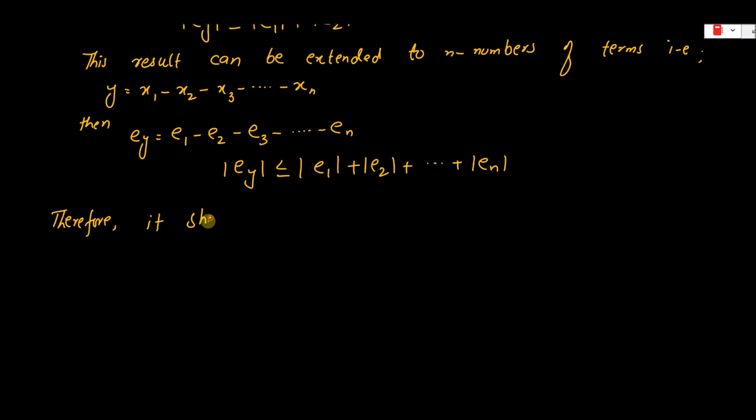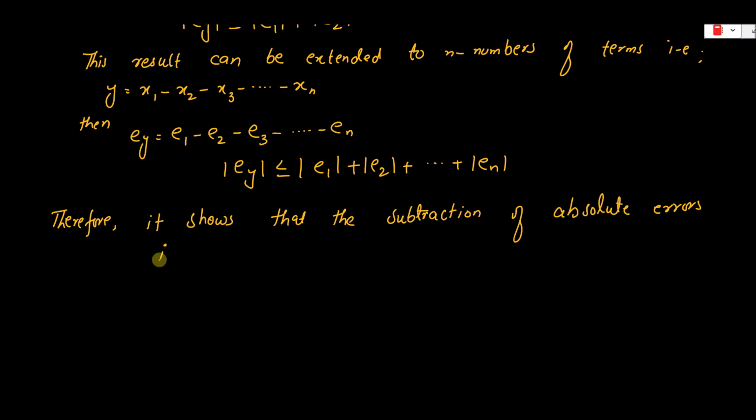Therefore, it shows that in the subtraction of absolute errors, basically when we are applying the subtraction, this subtraction will be converted into addition.